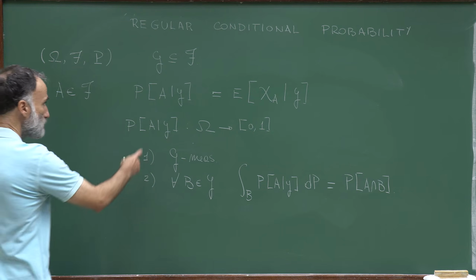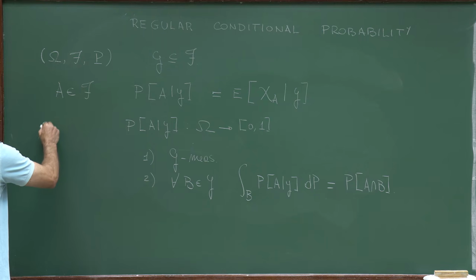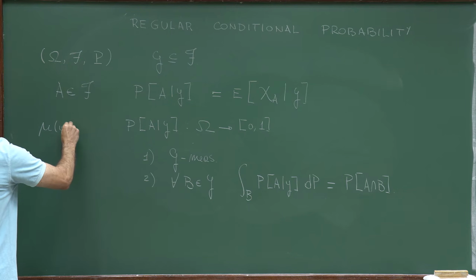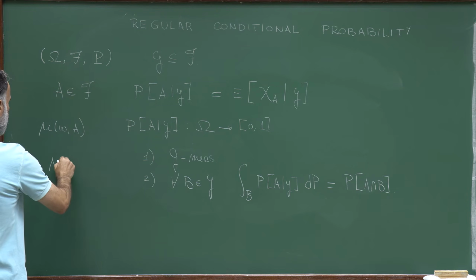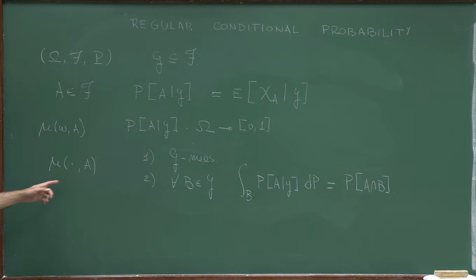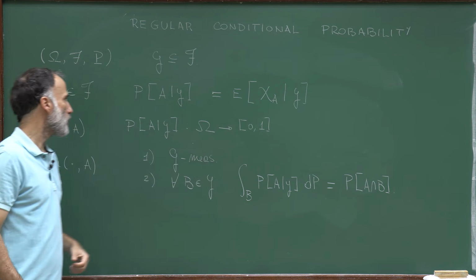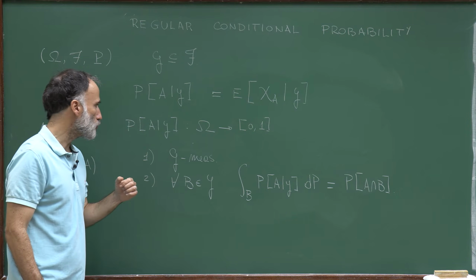I will represent this function by the symbol mu(omega, A) in this lecture. So mu(·, A) is the function which goes from omega to [0, 1]. This function therefore has two properties.